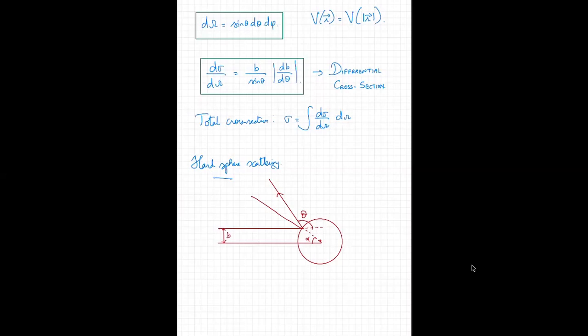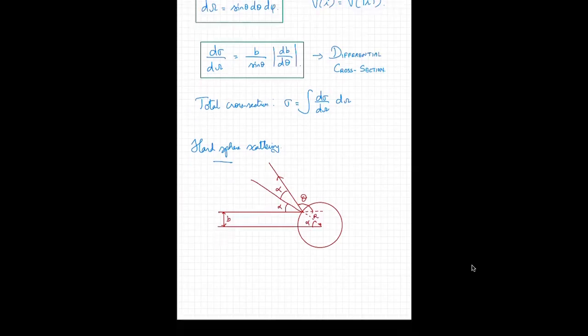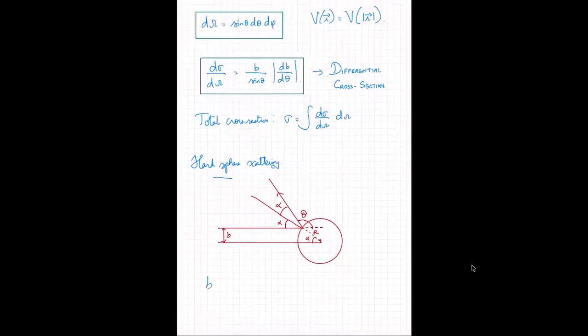Okay. Now, if you call this alpha, this is of course the opposite angle alpha, and you can use simple geometry to argue that this is also equal to alpha, in which case there is a relation, and the radius of this ball is some capital R. So b is R sine alpha, okay? And since theta plus 2 alpha is pi, you can actually claim that alpha is basically, what is this?